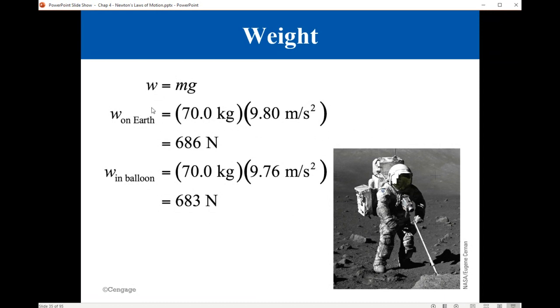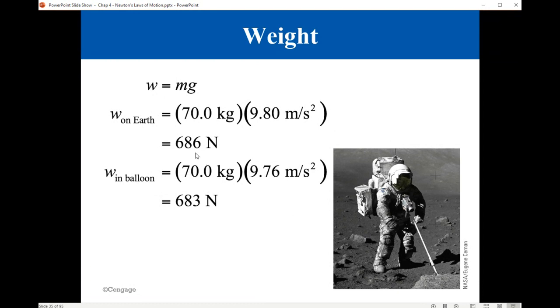This is just an example. This is the weight for a 70 kilogram person on Earth. 70 by 9.8, it is 686 Newton. If that person is in a balloon, the gravitational acceleration may change to 9.76. So the weight there will be 683 Newton.